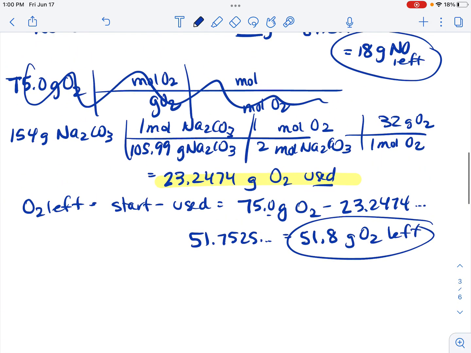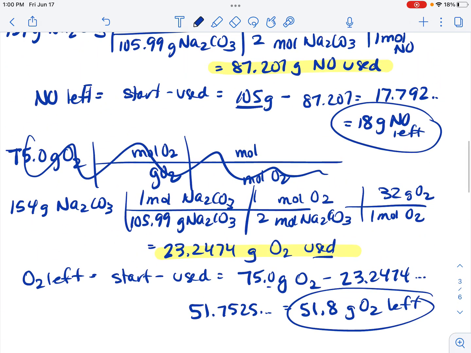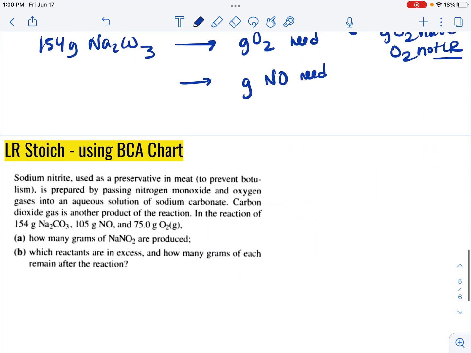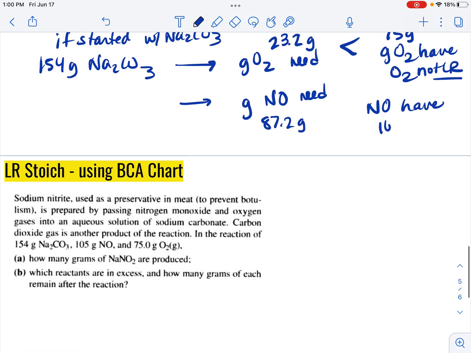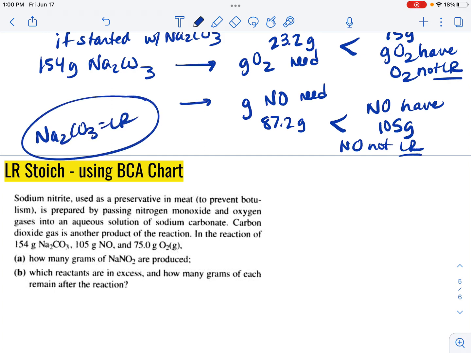The grams of NO that I need from the calculation that we did up here was 87.2 grams, and the NO that I have is 105 grams, which means I have more than I need, and so NO is not a limiting reactant. So this tells me, since neither of those is limiting, that the Na2CO3 is the limiting.